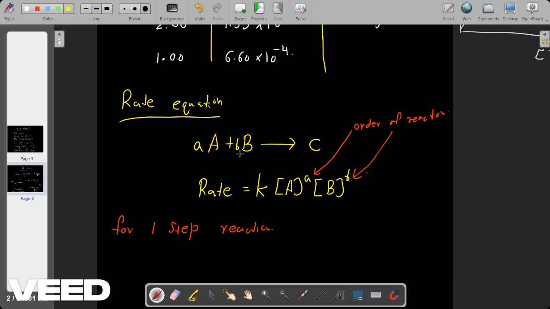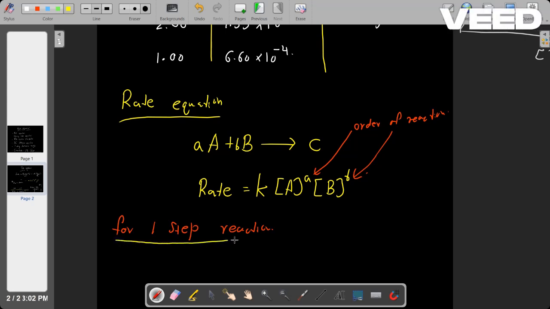For single-step reactions only, the order of the reaction is equal to the coefficient values. Keep that in mind, otherwise you will think order is always equal to the coefficient value, but it is only for single-step reactions.